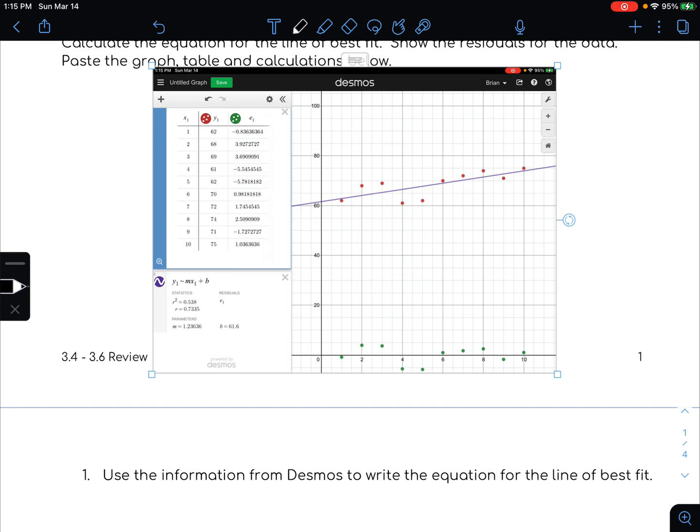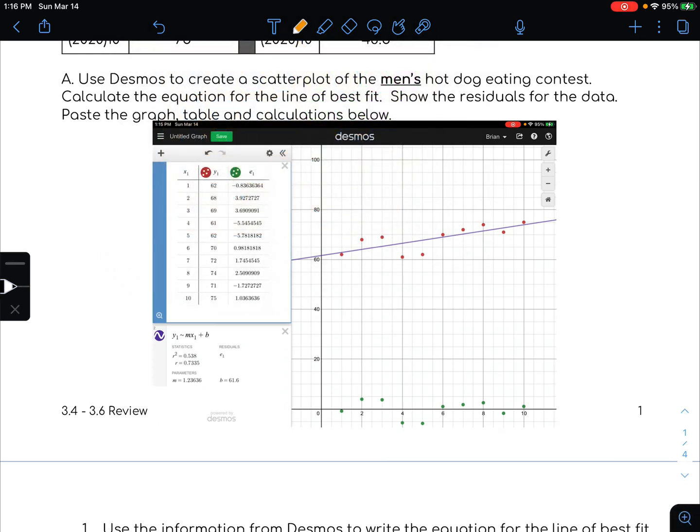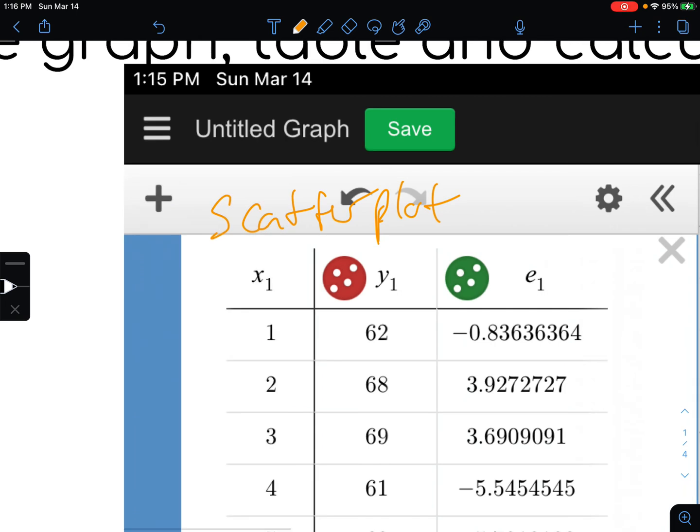So let's just look at our headings here. So basically we have the years and the hot dogs that are our scatter plot. So this is our scatter plot info right here, in which we have years and we have hot dogs.